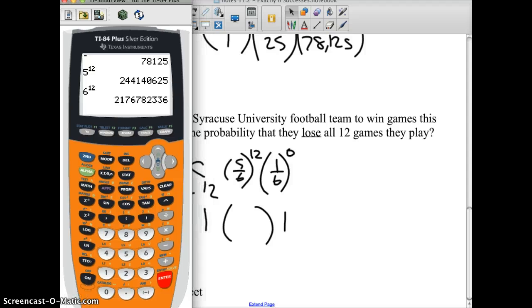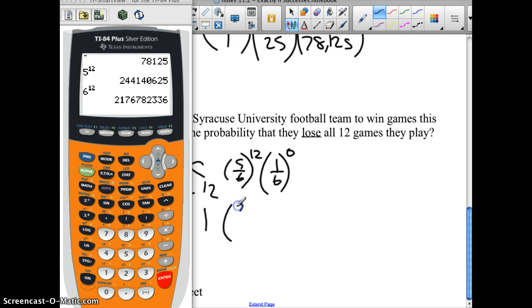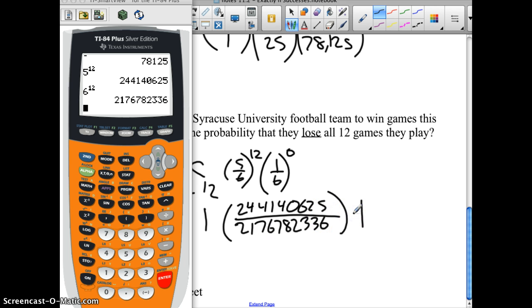But I do think I have a little bit of trouble fitting that in there, so I'm going to adjust and make a little more room there. 244,140,625 over 2,176,782,336. And then 1/6 to the 0 was again 1, right? So there it is. There's the probability that they lose all 12 games, right?